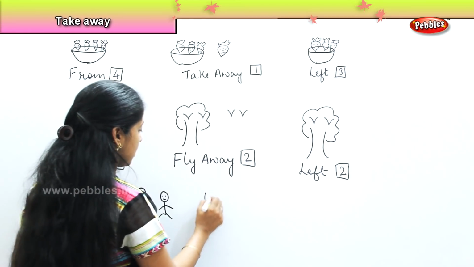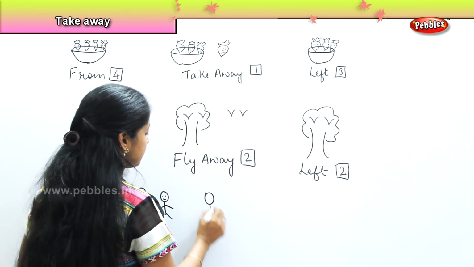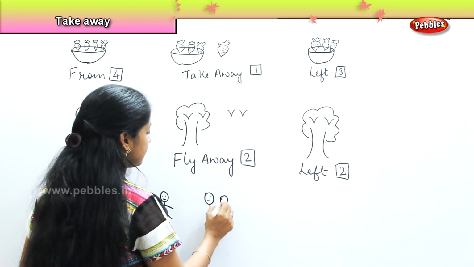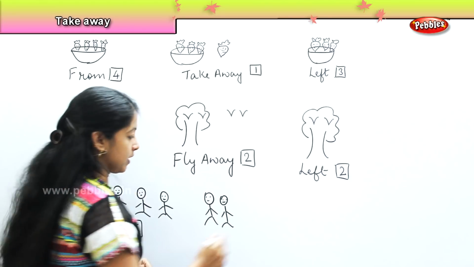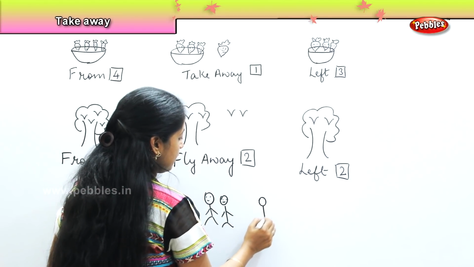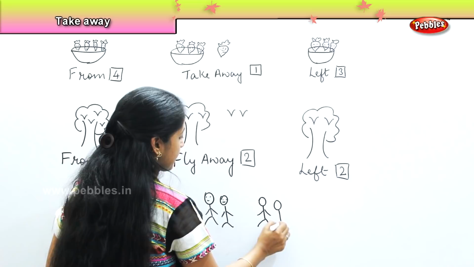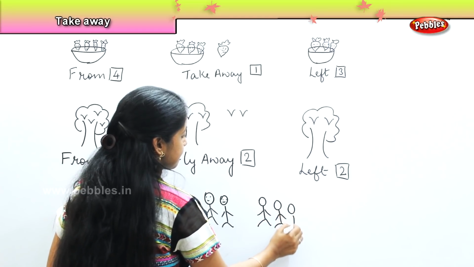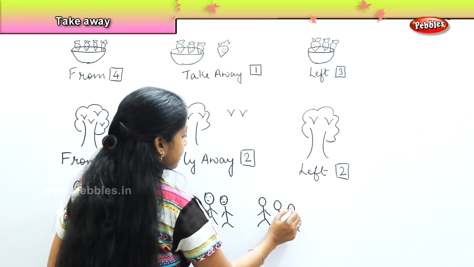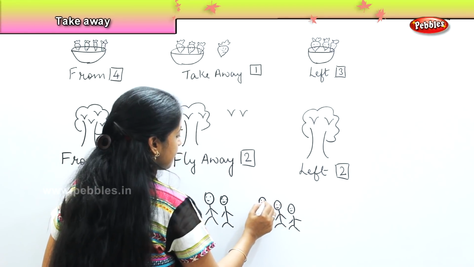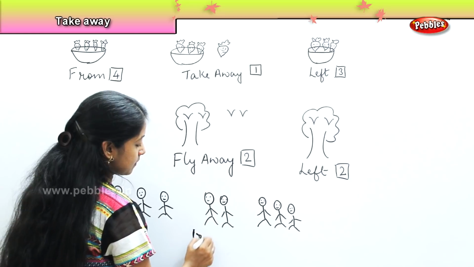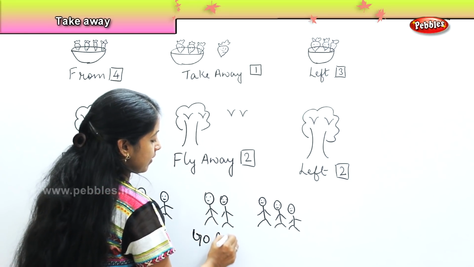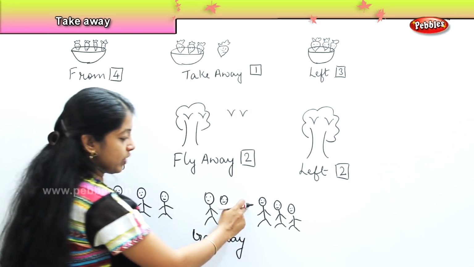Okay. Now, suddenly these children feel very tired and they said we want to go home. Okay. So, they went away. So, what is the term used here? Go away, because they are going back home.